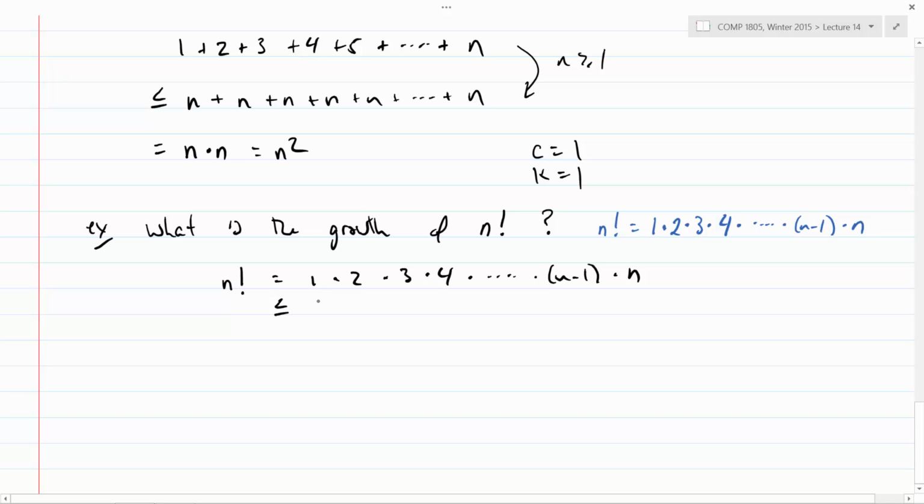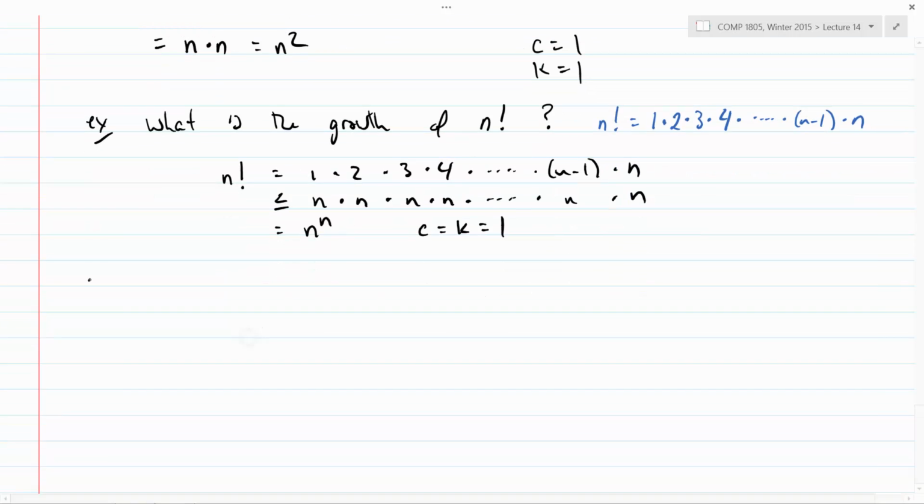That's definitely less than or equal to n times n times n all the way up to n times n, which is just n to the n. And here again I take c and k to be 1. So n factorial is big O of n to the n. And as it turns out, that's a pretty rough estimate. That's maybe not a great answer, but we don't really know how to do much better than that anyway.